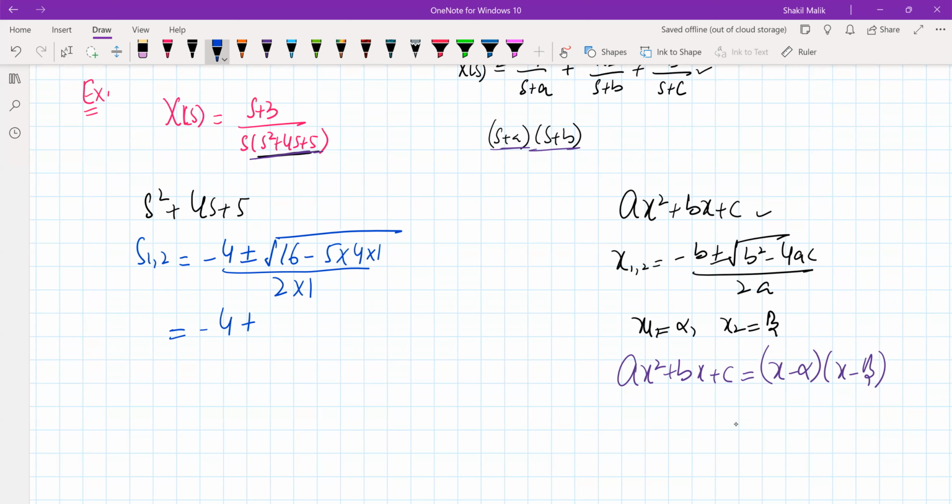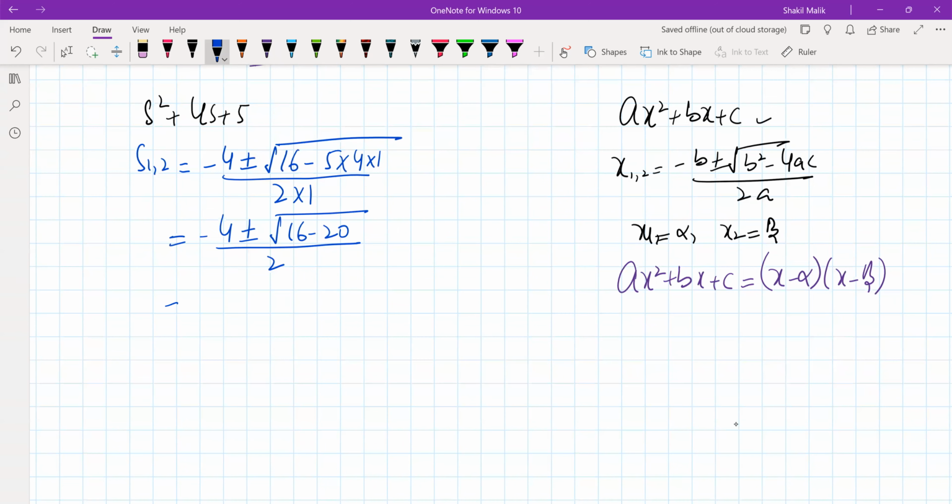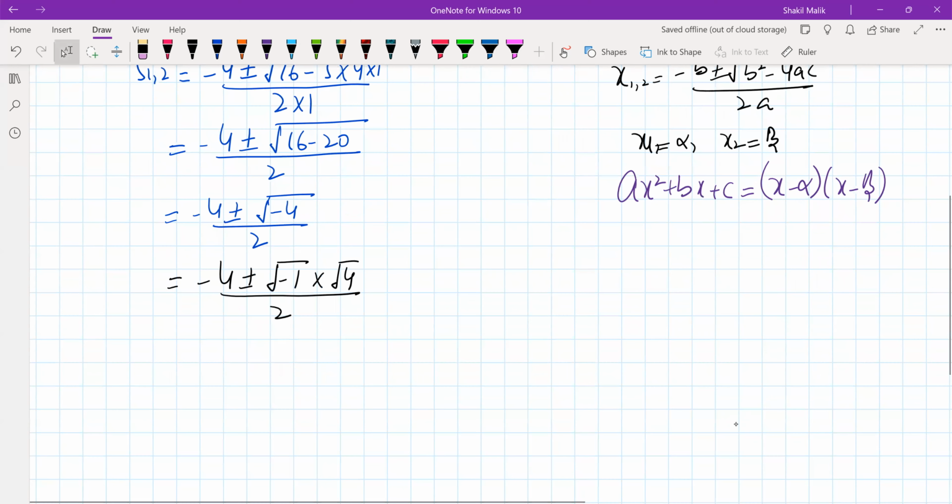This is equal to minus 4 plus minus square root of 16 minus 20, so this is square root of minus 4, divided by 2. Now, if we have a root of a negative quantity, we can write it as j. So we can write it as minus 4 plus minus square root of minus 1 multiplied by square root of 4, divided by 2. Now we know square root of minus 1 is simply j.